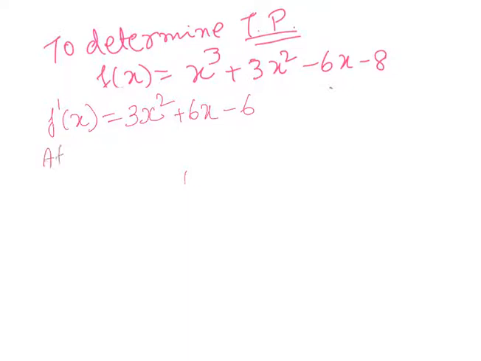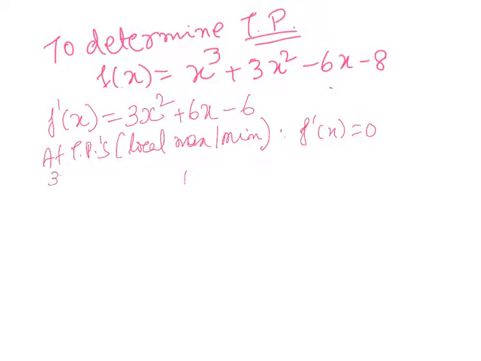Now, at a turning point, that is at a local maximum or minimum, first derivative is equal to 0. So always remember that first derivative is 0 for maximum or minimum. That is 3x squared plus 6x minus 6 is equal to 0.